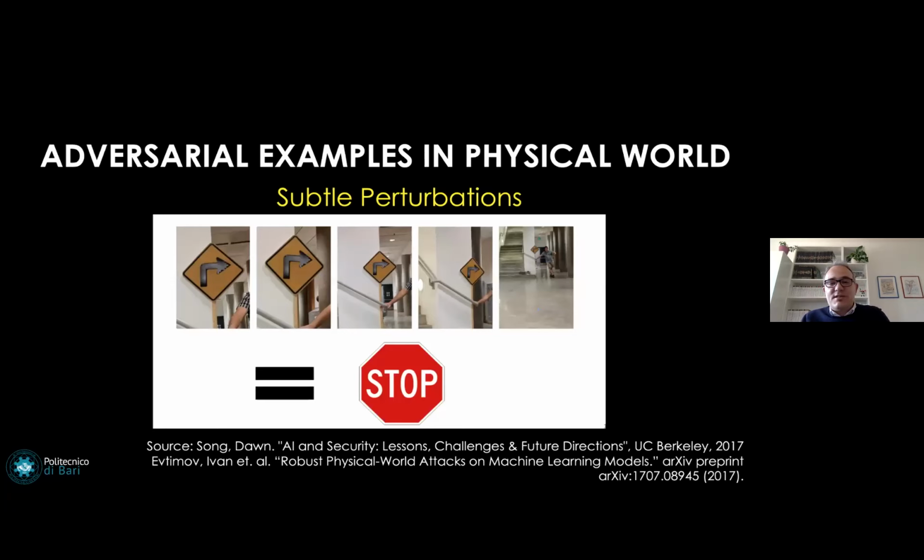This is another example, just to give you an idea that if we look at this adversarially perturbed signal, as humans we cannot see anything harmful, but in the end, if we look at the result of the classifier, this signal is classified as a stop sign, and this can be a problem.